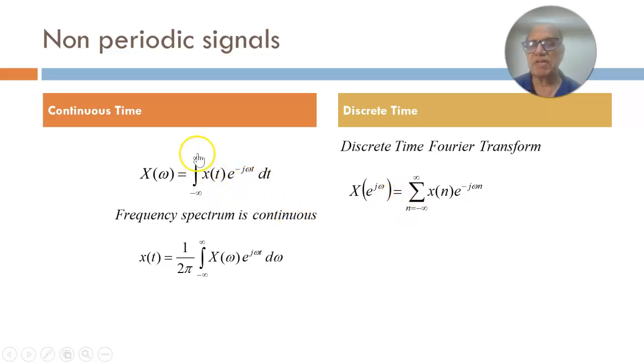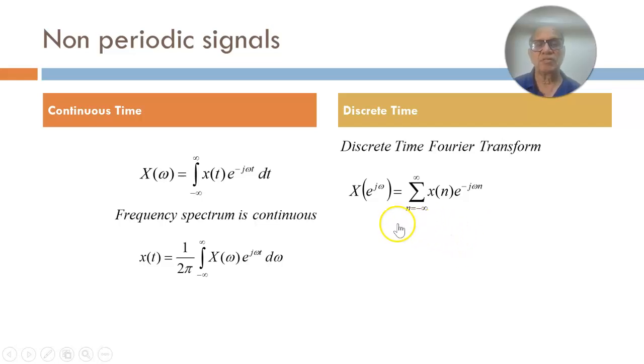Anyway, so let's look at the analogy. This is from minus infinity to plus infinity, that is, time changes from minus infinity to plus infinity. And here discrete time is n, so n changes from minus infinity to plus infinity. And the analogous operation for the integral in continuous time is summation in the discrete time. So you have a sum here. Instead of x(t), you have x(n), and then e raised to minus j omega n, so instead of t, you have n, which is the discrete time index.